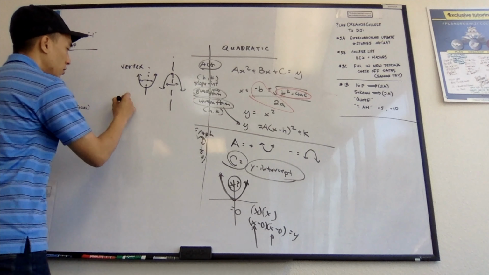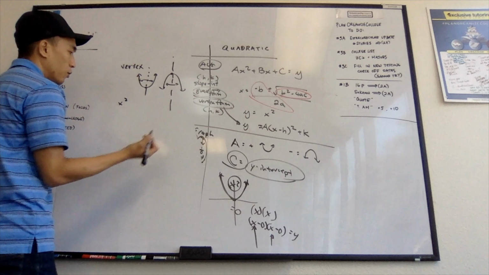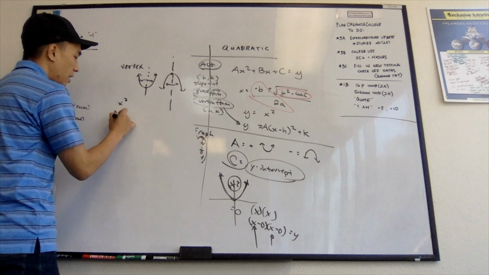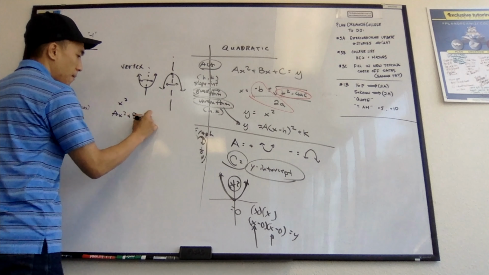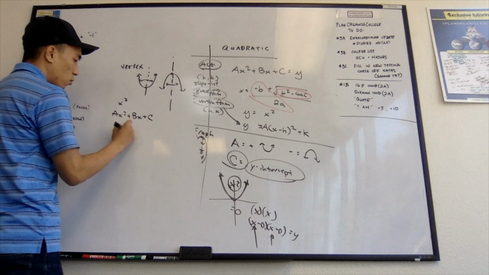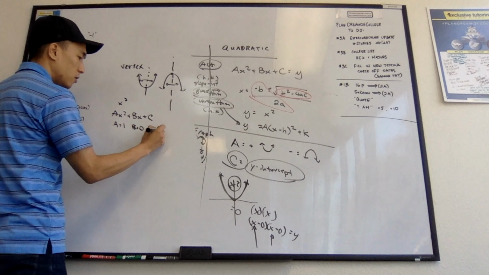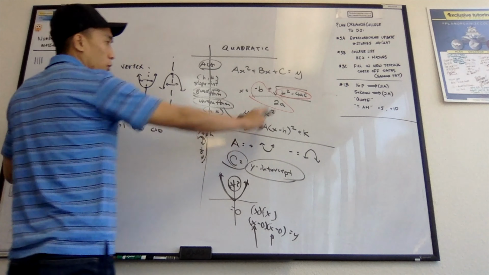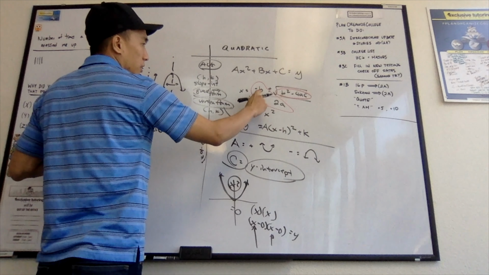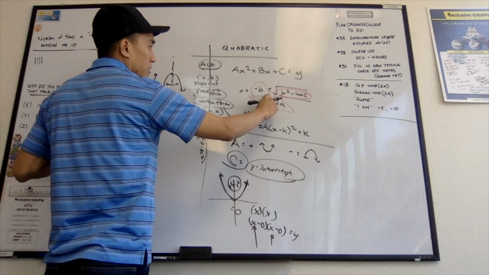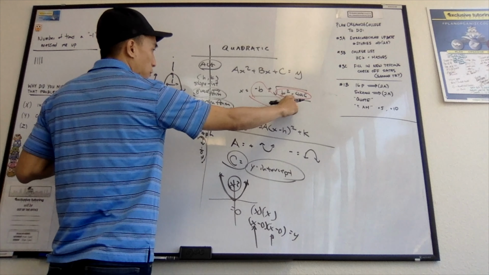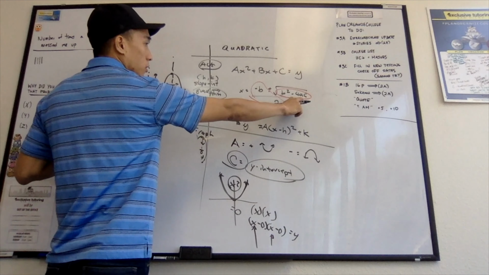So let's start off with the easy one. X squared has a vertex at what? Well, if I look at it, ax squared plus bx plus c, a is a 1, b is a 0, c is a 0, right? So if I were to put all that in here, you get 0, plus or minus the square root of 0 minus 4 times 0, right?